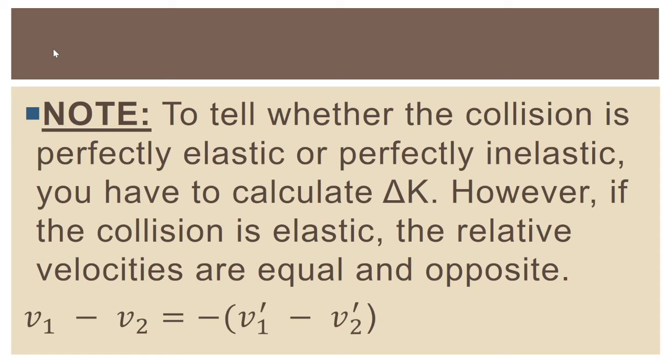If the change in kinetic energy is 0, that means the kinetic energy is not changing and thus would be conserved. Of course, if delta K is any non-zero number, then we know there's a difference in kinetic energy, meaning it's not conserved.